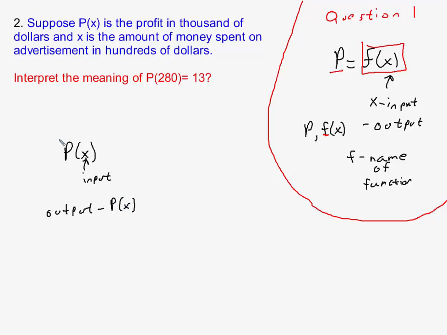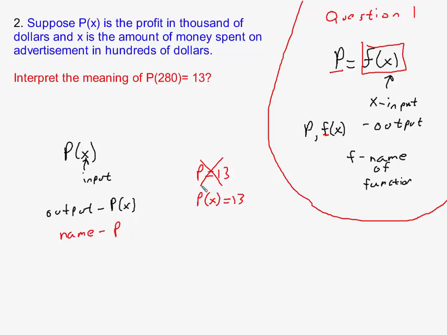This entire notation here, p of x, would be the output variable, and now just the letter p here would be the name of the function. So the name of the function is p, so this time p cannot take on a value. In the previous example, p was 13. In this example, that cannot happen. So the idea would be that p of x would be 13, but it would be incorrect to say that p is 13. That would be bad. So in this problem, you have to think of it as that the output variable is p of x, and p of x can be 13.